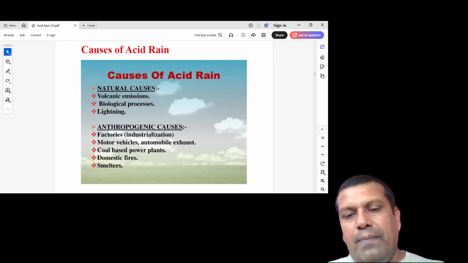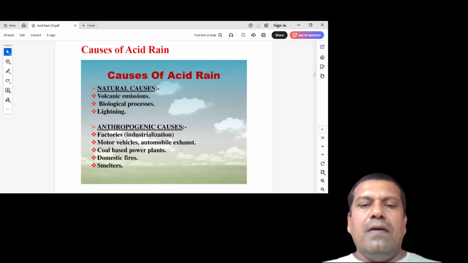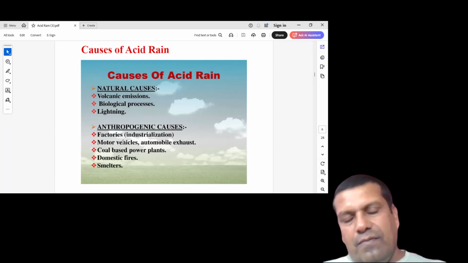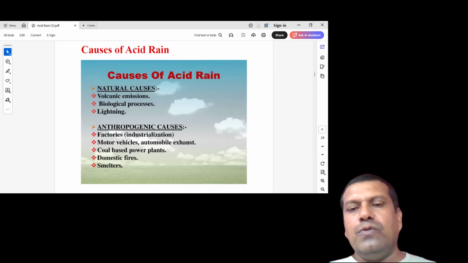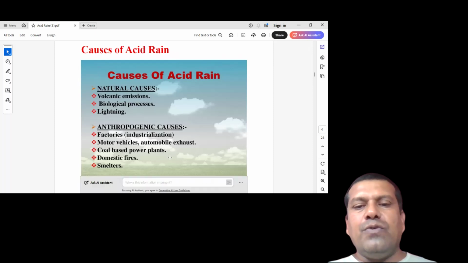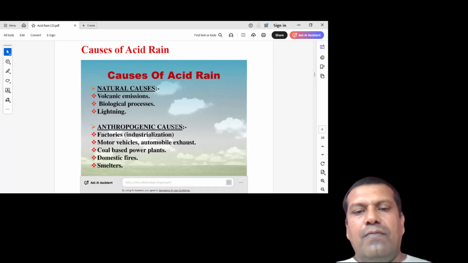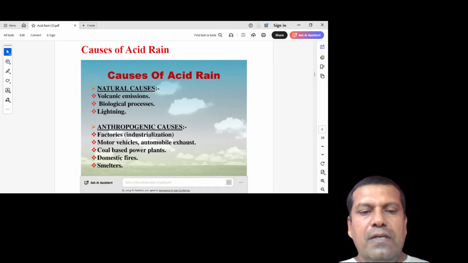That is mainly because of the revolution in industrialization. Again, the emission from motor vehicles, automobile exhaust, which is used for the transportation of goods and people. Coal-based power plants lead to the emission of various poisonous gases like sulfur dioxide and nitrogen dioxide.